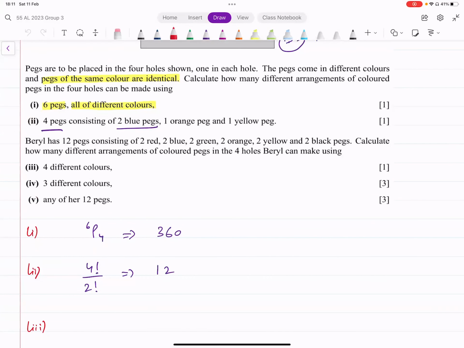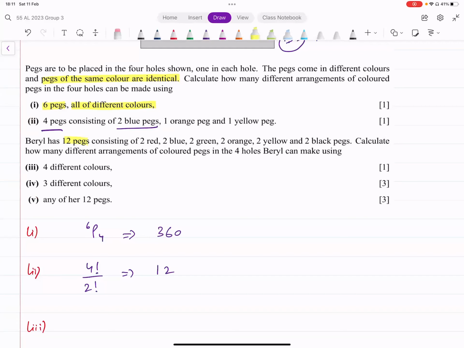Now, this person Beryl has 12 pegs consisting of 2 red, 2 blue, 2 green, and so on for all of these different colors. There are 2 pegs of each color. Okay. Total 12.